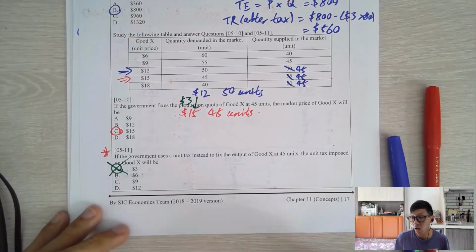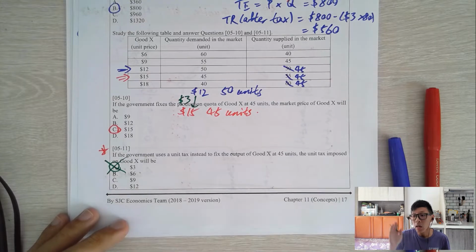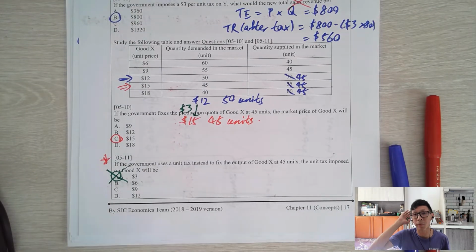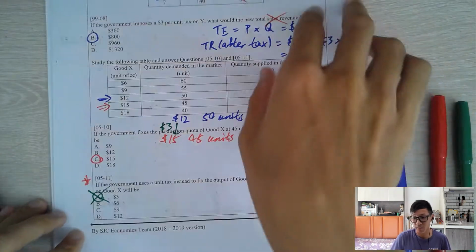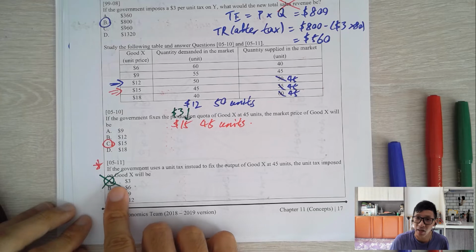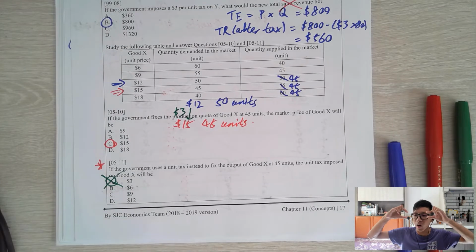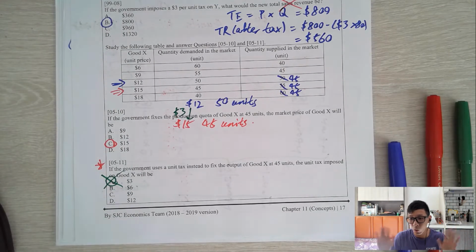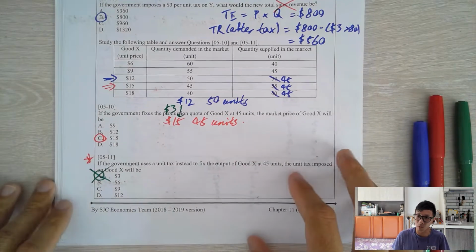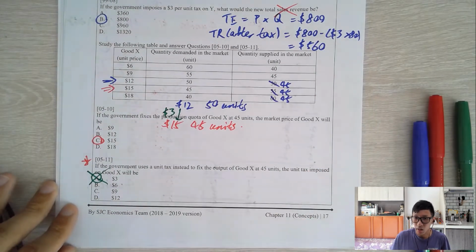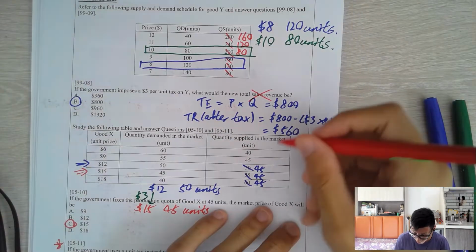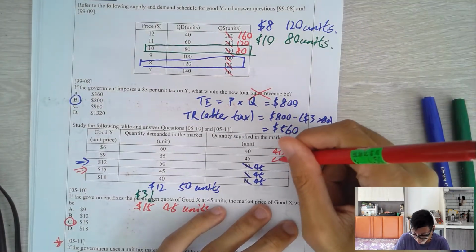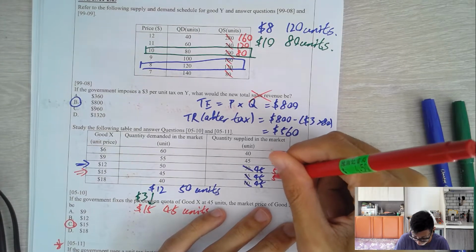Later on in the next video, when we talk about the sharing of the tax burden, you will see that in reality, the amount of tax and the amount of price increase is not quite the same. Okay? So how do we do it? We need to write back the original. This is the original, right?